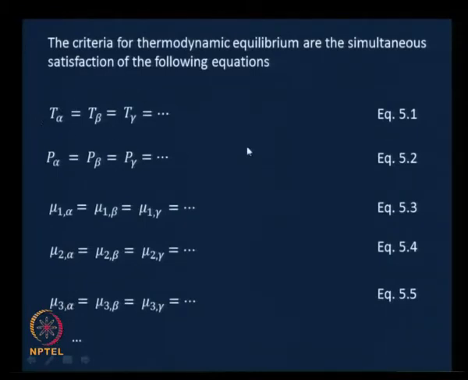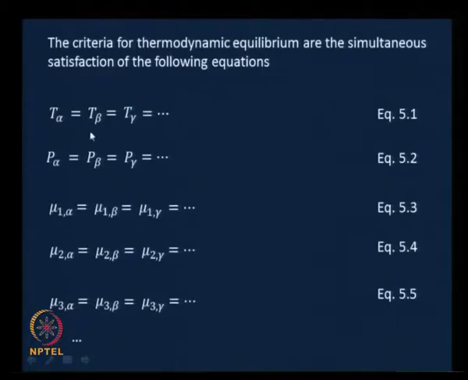So, if there are C components present, we will have C such equations. Not just that, we also saw that each one of these equations is actually a composite of pi minus 1 equations, if pi is the total number of phases.